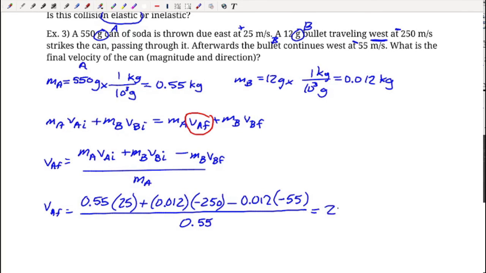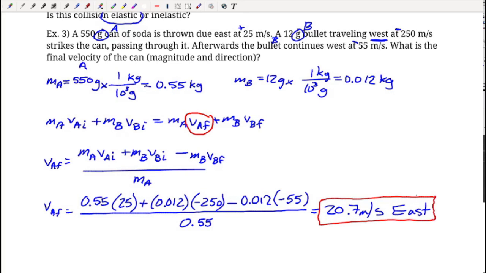Okie dokie, so we've got 20.7 meters per second. In this case, positive does have a reference frame. It is east. So there we have our velocity.